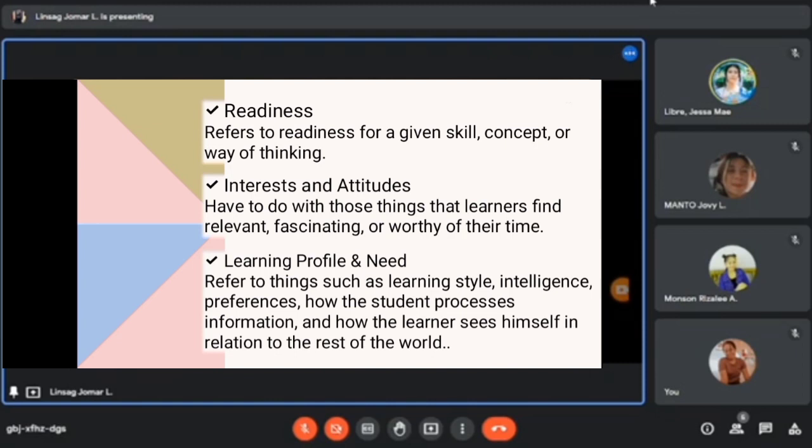For grouping preferences, for example, does the student work best individually, with a partner, or in a large group? For environmental preferences, for example, does the student need lots of space or a quiet area to work? So that is for the learning profile.